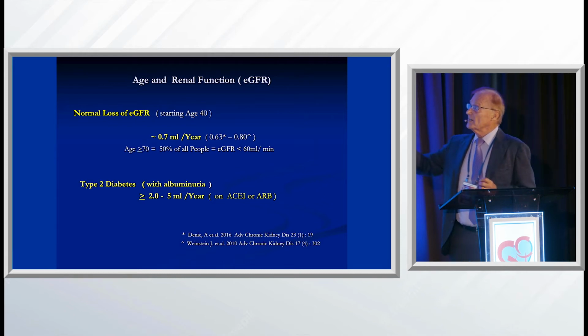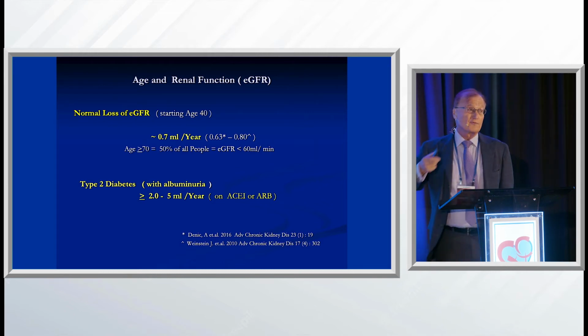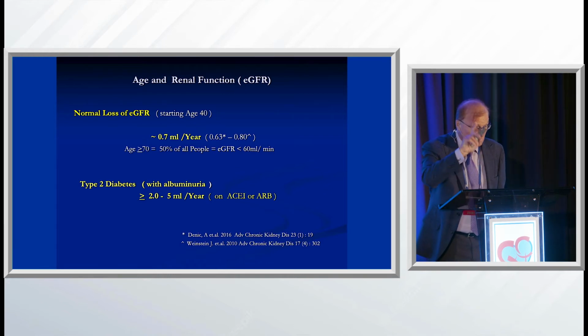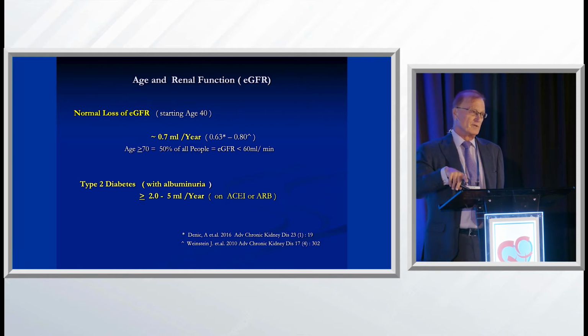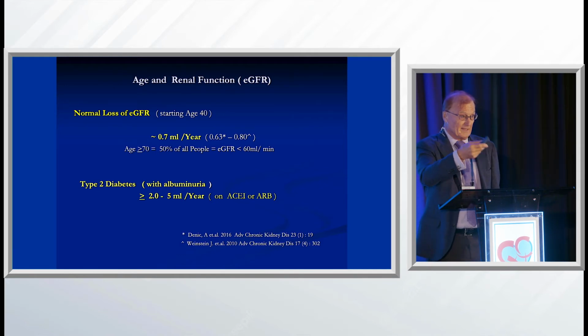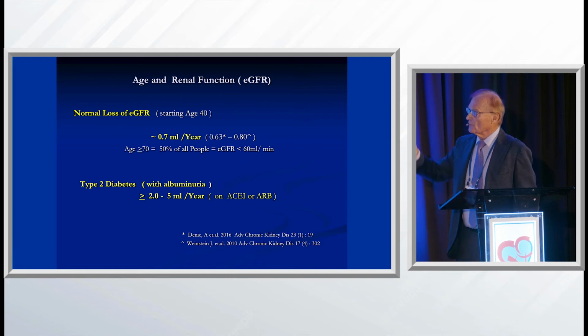So if you see an 80-year-old with an eGFR of 55, you can call this normal for age, provided, times 2, that you have a normal urine albumin. So don't call somebody no CKD at age 80 plus who has an eGFR of 55 but has albuminuria. So it's very, very important.